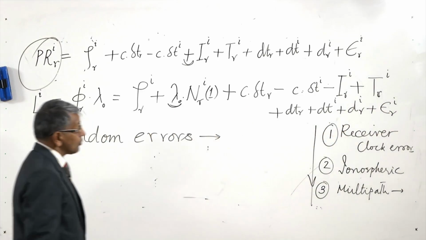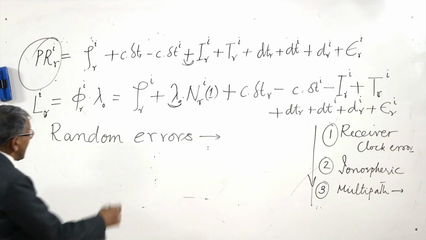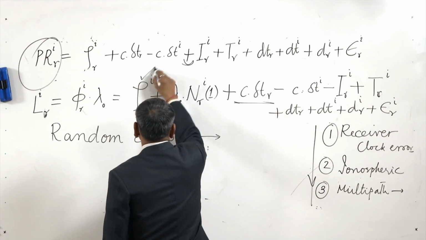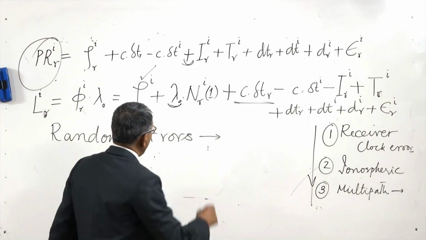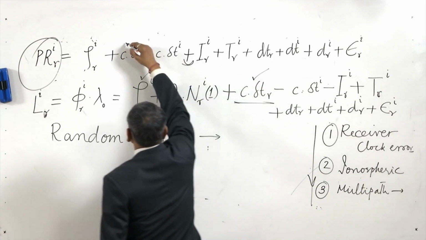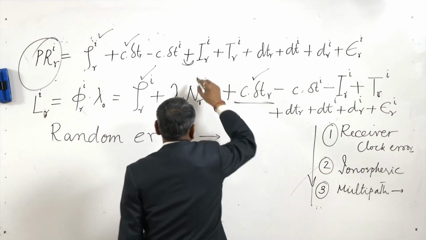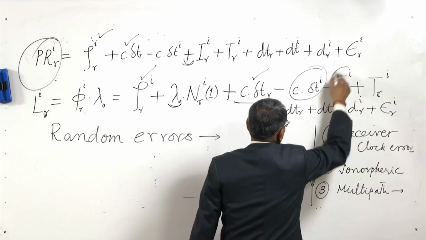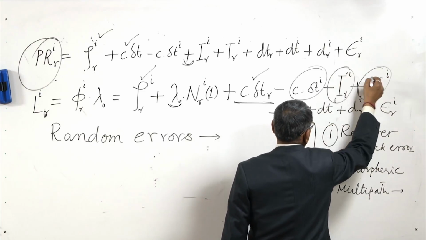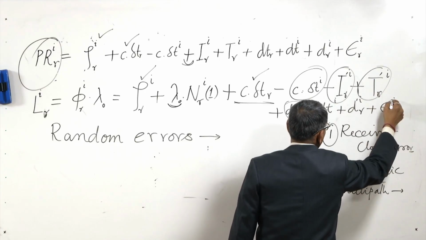One thing you should remember is that though I have written the same symbol here, the geometric distance and the satellite clock error are the same, but the values of the other errors I should rather write with a dash, because the amounts of the other errors are defined differently in the code and the carrier.